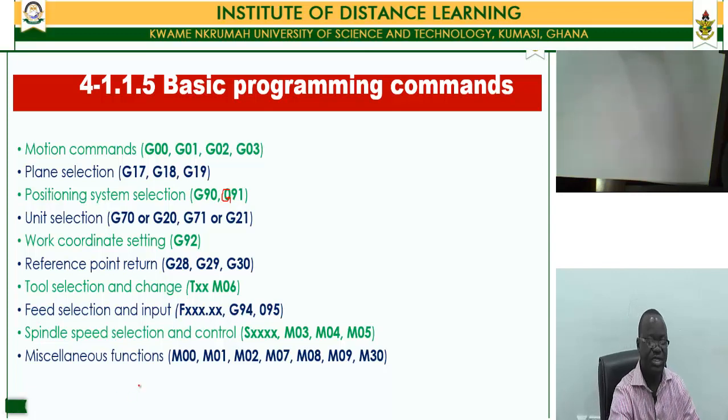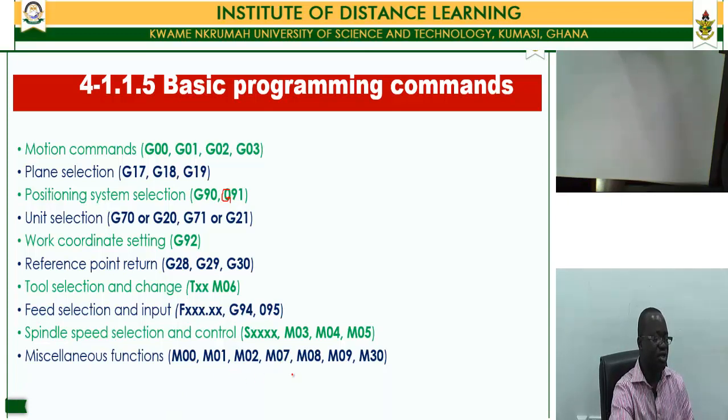Then you have the feed selection. If you turn the spindle on and it's rotating, and you want to feed the cutting tool at a feed rate of some number of inches per minute, then you use the F command.